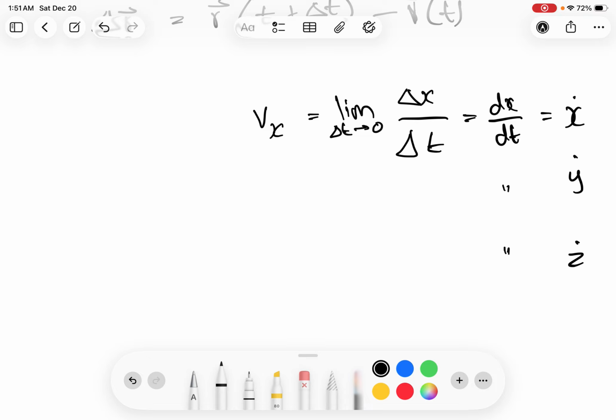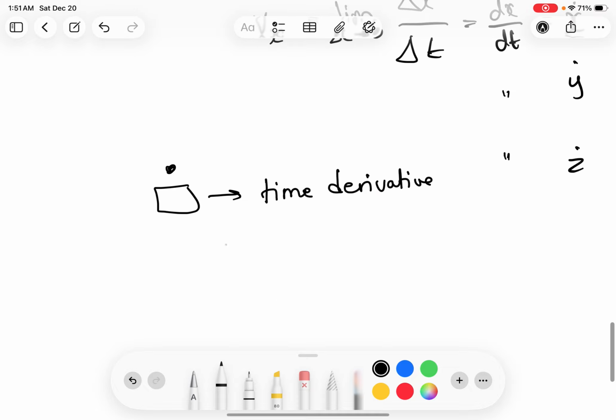A dot is a shorthand for taking the time derivative. A dot on top of something denotes the time derivative, which is basically the same as d by dt.